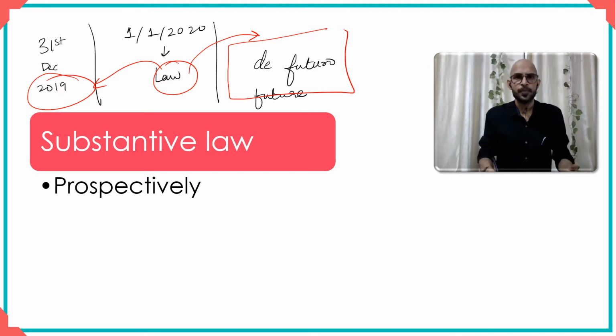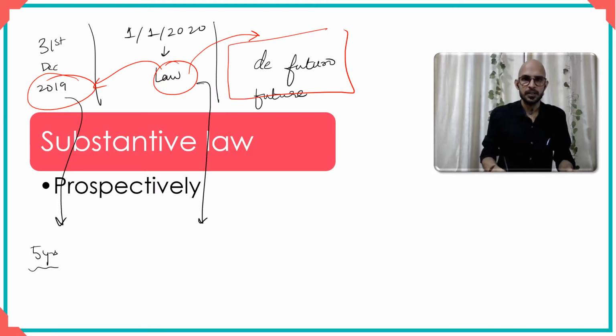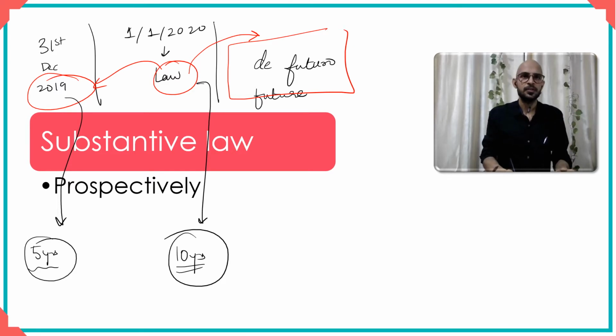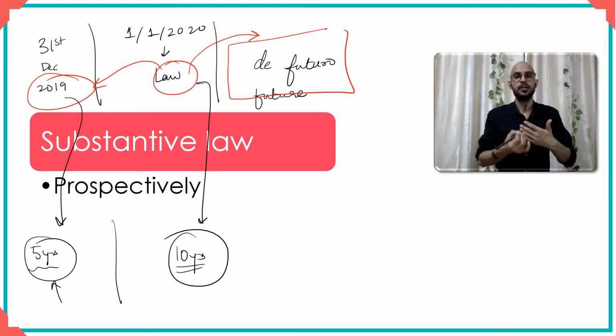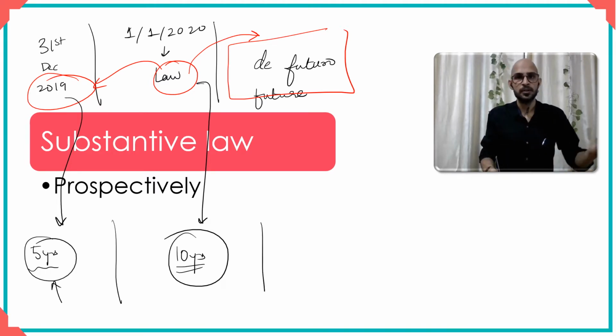There's another thing about prospective operation. Let us say the offense was punishable as of the 31st of December 2019, but it was punishable with, say, 5 years. On the 1st of January 2020, the maximum punishment for that is increased to 10 years. If a person commits an act on 31st of December 2019, and as you know, trials take a long time, so his trial is continuing into 2020.